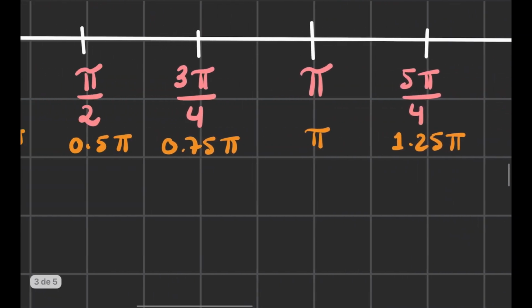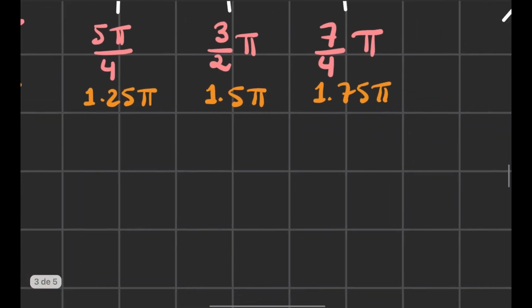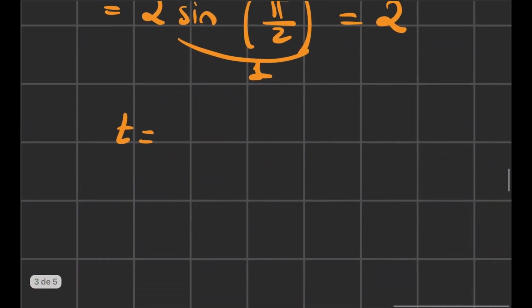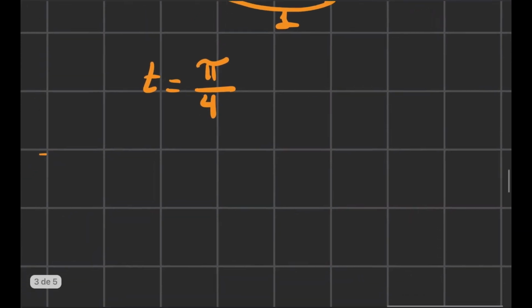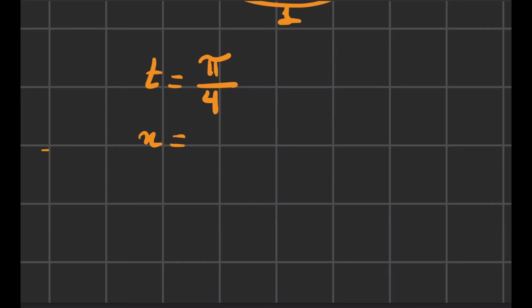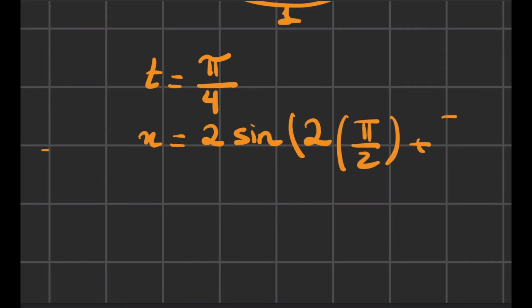The second point is pi over 4. For t equals pi over 4, x would be 2 sine(2 times pi over 4 plus pi over 2).